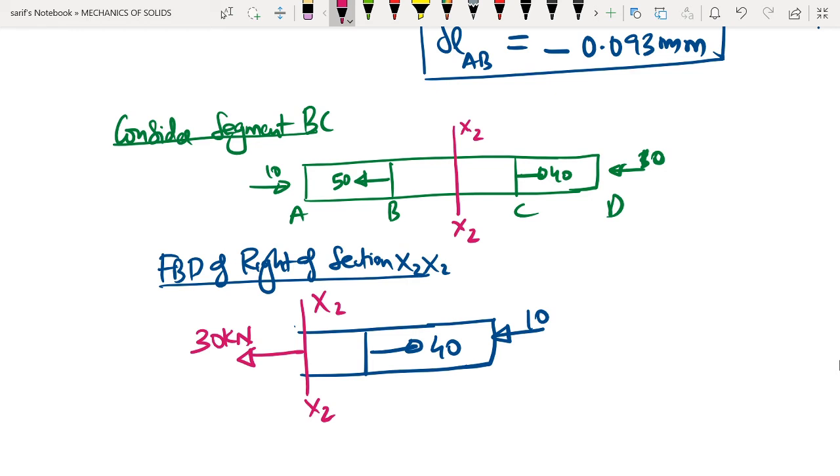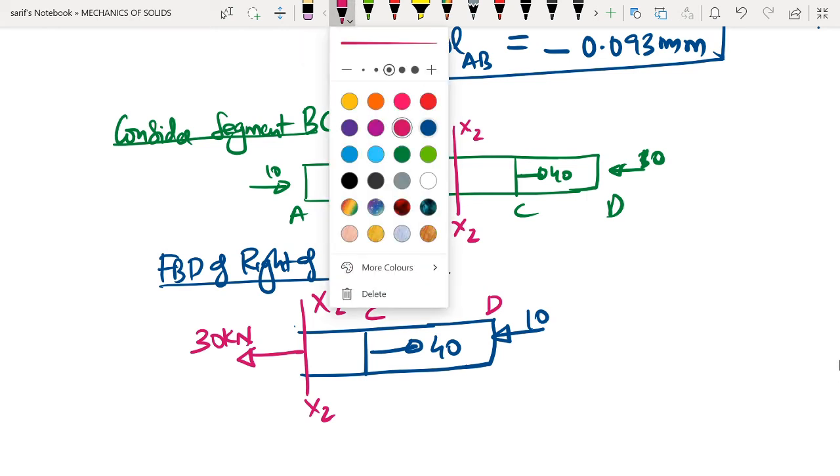Which means that this region of the bar, BC, is undergoing a tensile force. It is a pull outward. The material is being stretched. So this region BC is undergoing a tensile force of 30 kilonewton, and the state of stress in the region BC will be tensile in nature.